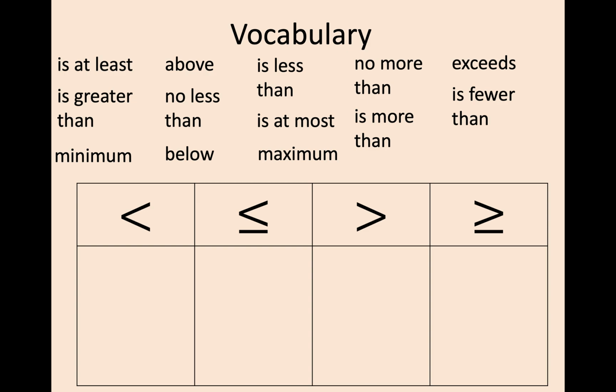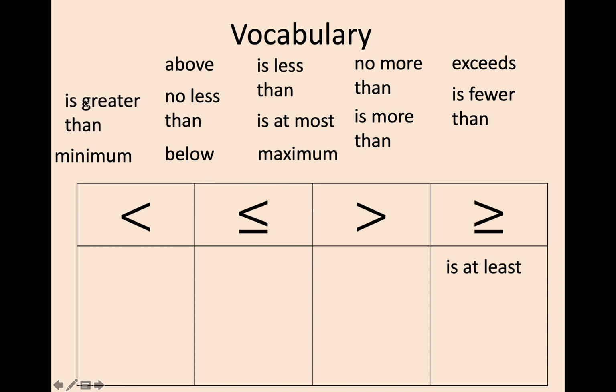And I didn't say that you must be at least 16 in order to drive, because that's not the truth. But at least 16 means you must be 16 or older. So it is an at least, even though it has a least, it's actually greater than or equal to. So make sure is at least goes in the greater than or equal to.